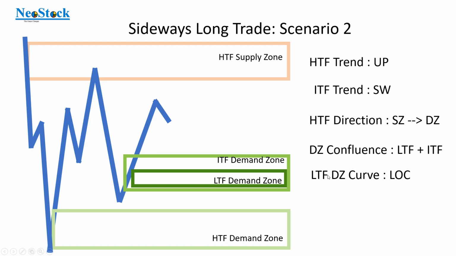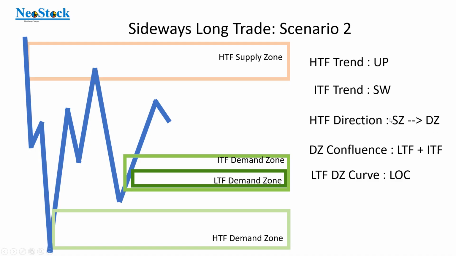Even at equilibrium, you cannot take a long trade because HTF price direction is not supporting us. So the safest approach is only at low on the curve, but not equilibrium. I repeat, but not equilibrium. Only at low on the curve.